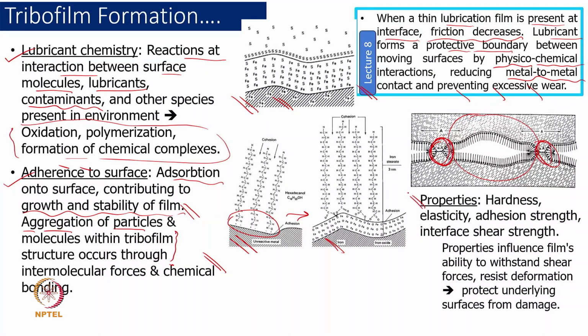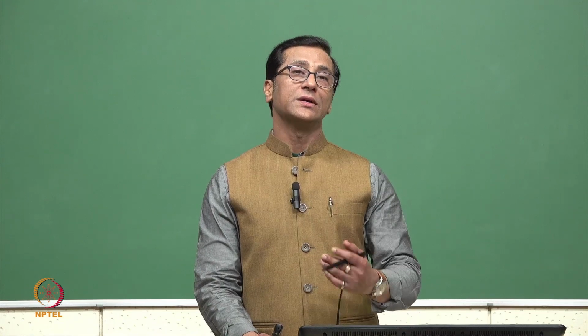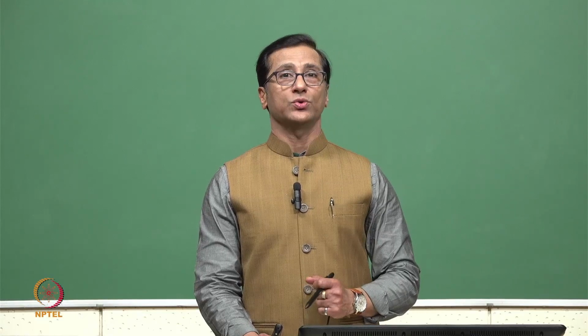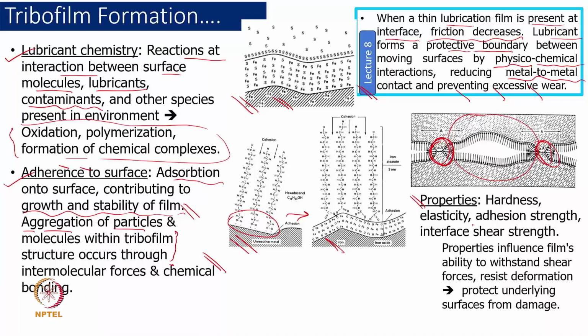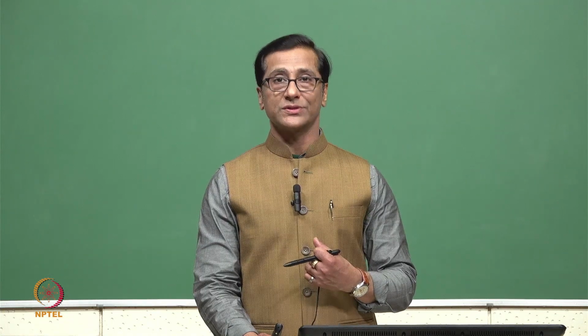What are the properties which we really want to see? This tribofilm should be hard enough so that it can bear the load. It should be elastic enough so that it doesn't get torn away from the surface. It should have sufficient adhesion strength to get attached to the surface.